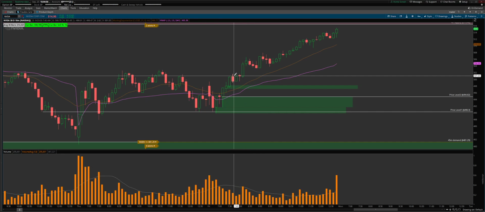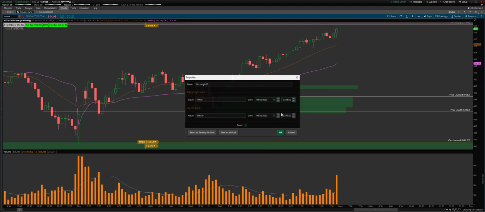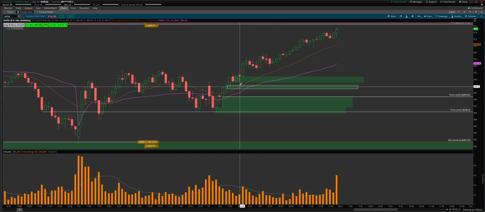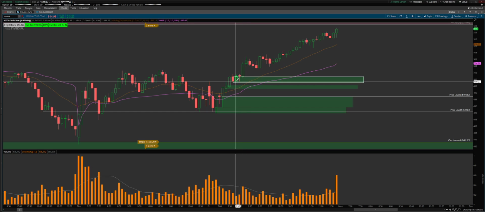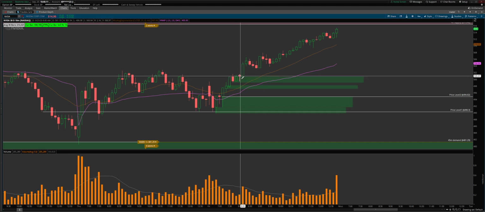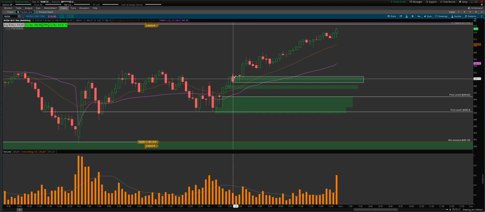So look, if we draw it and extend it out, we can see that price respected it really well. We never dropped to the low of the zone. We opened above it, price went back in, so obviously there was some demand here.